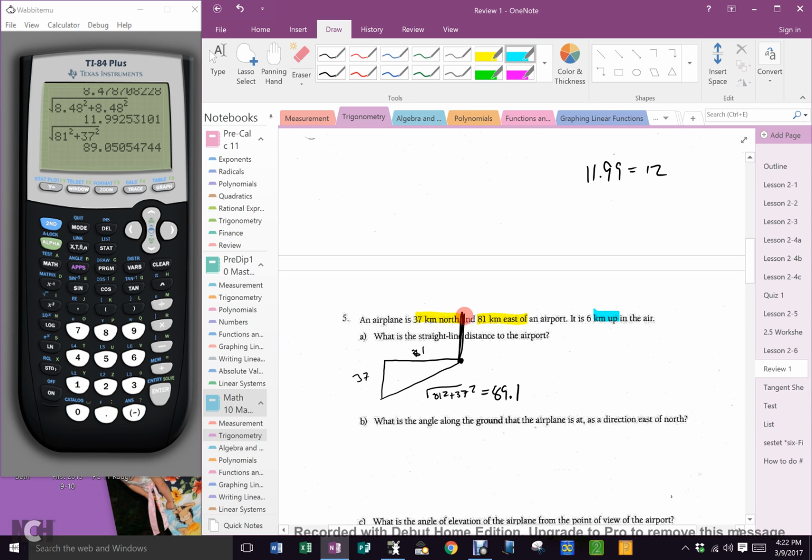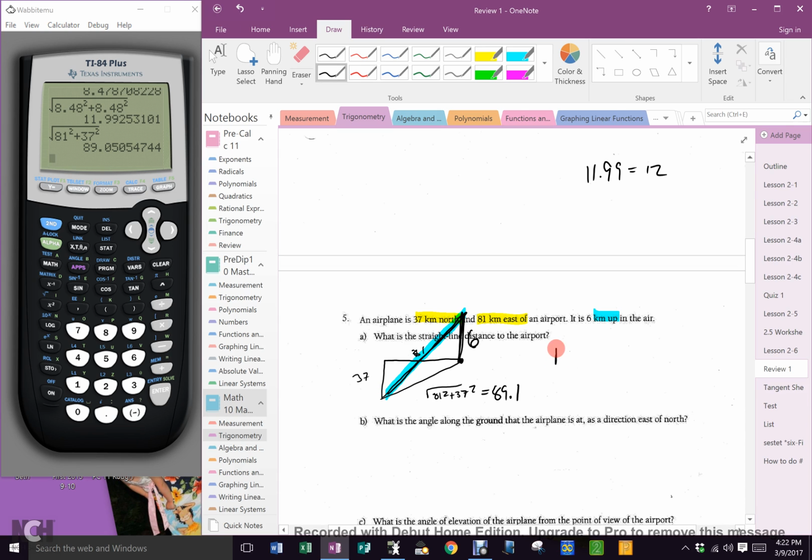Now, the plane is also 6 kilometers in the air. So I also need this 6. So this is the line I actually need, because I know this is 89 and I know this is 6, so I need to know how long this one is.